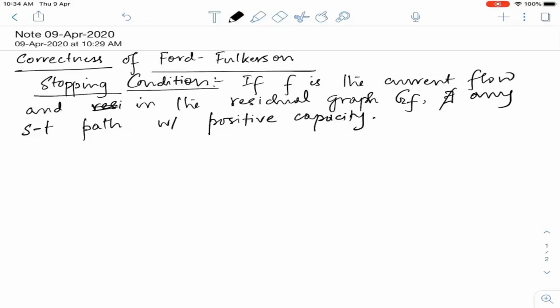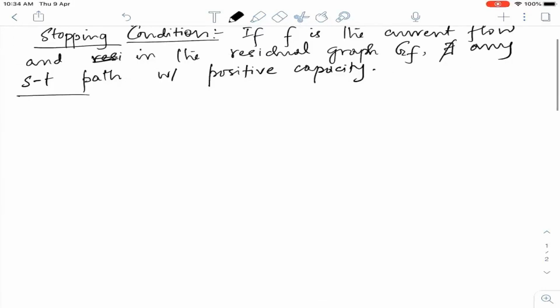So in order to do this proof, we have to go through the notion of an ST cut, and you will see how. Formally, I'm going to prove the following theorem.